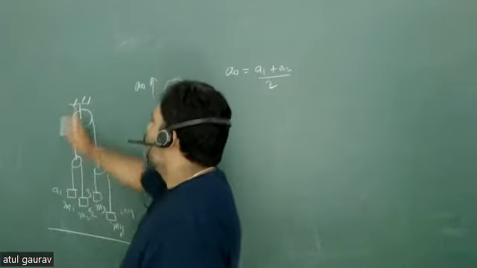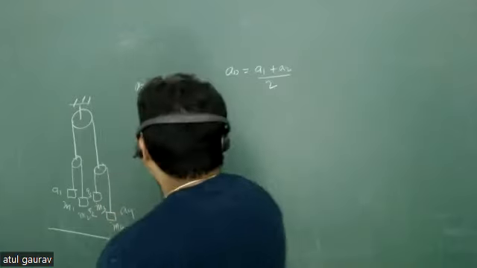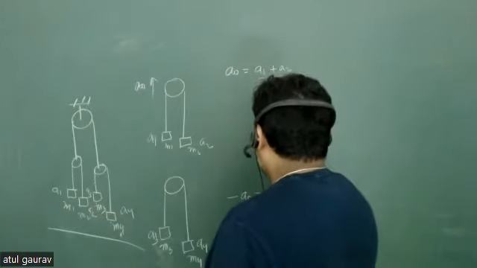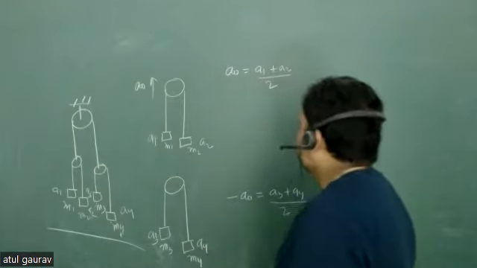So obviously, if this is moving with acceleration A0, then this will go downward with acceleration minus A0, and that value is equal to what? A3 plus A4 by 2, isn't it?